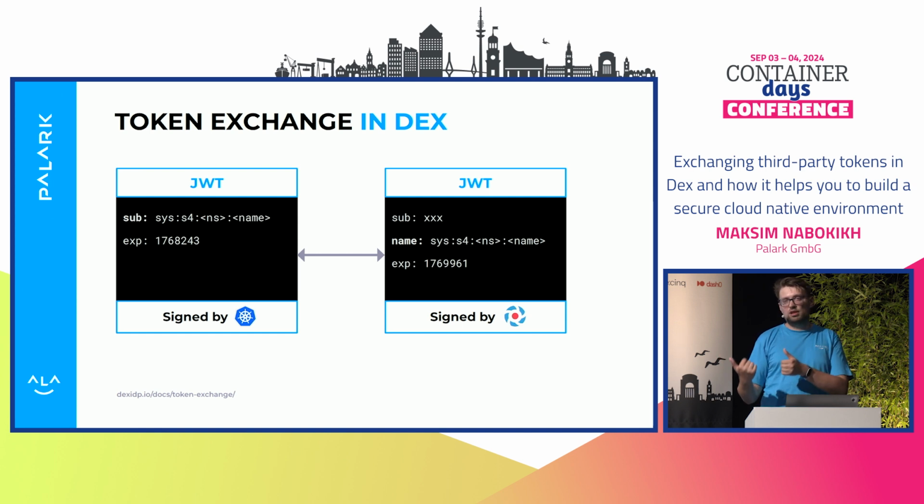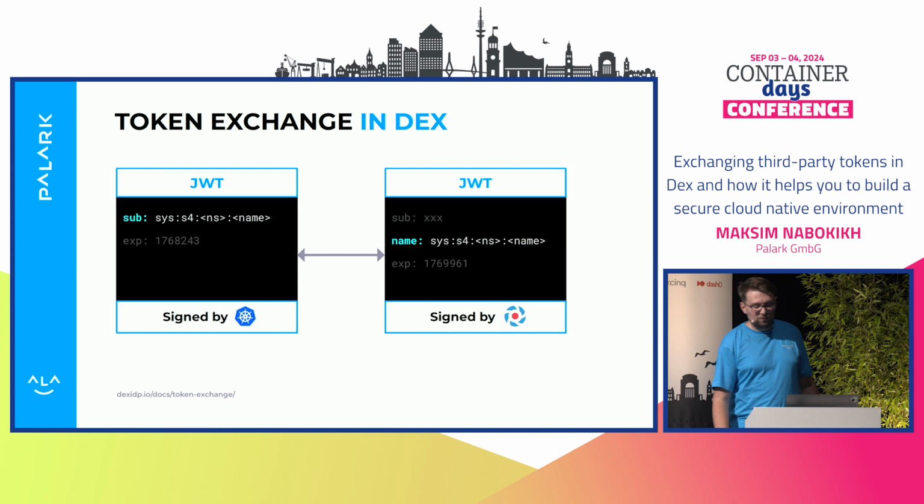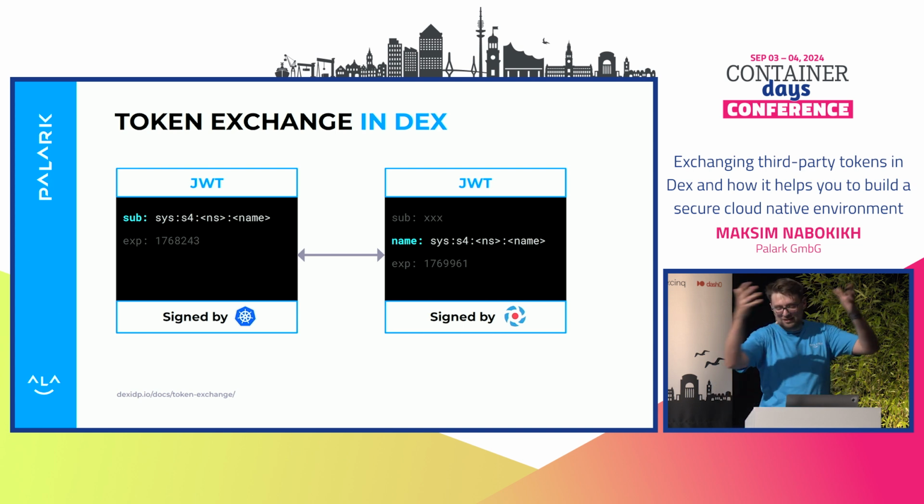And in the token, you can form the claims in a way that they will be based on the claims from the original token. There you can see that the sub claim of the original token becomes the name claim of the Dex token, because we cannot just move the sub claim as is to the sub claim, because Dex has its own way to form the sub claim of the tokens, but we can put the value of the sub claim from the original token to some different claim.